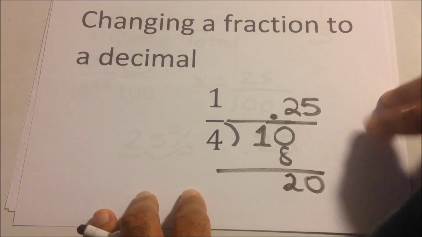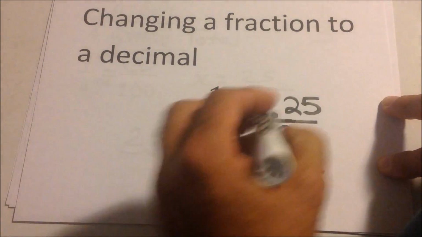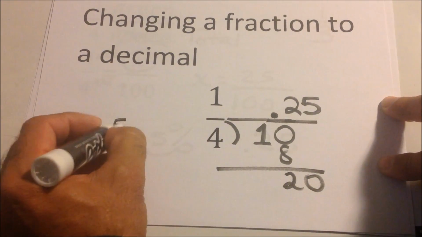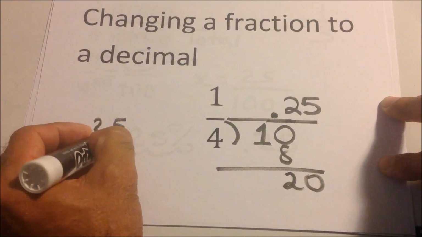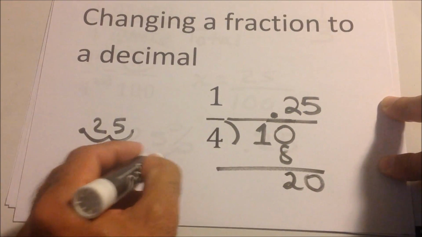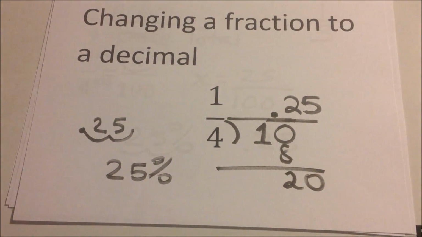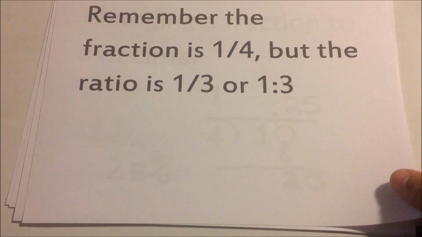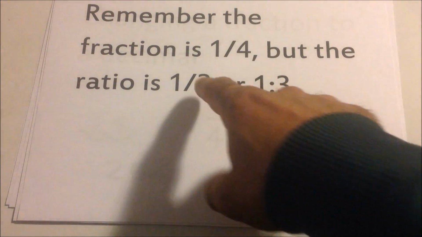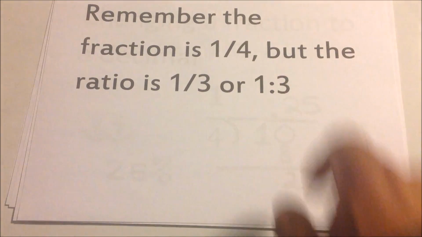Now that's not the percent, that's the decimal. How do we make the percent? So we have 0.25, and we move it twice, 1, 2, and there we go, 25%. So those are the two ways you can do it. And just remember again, it's the fraction that's 1/4, and the ratio is 1/3, or 1 to 3.